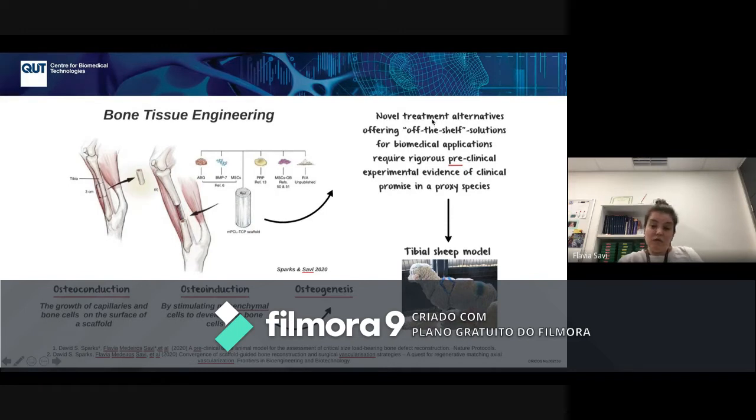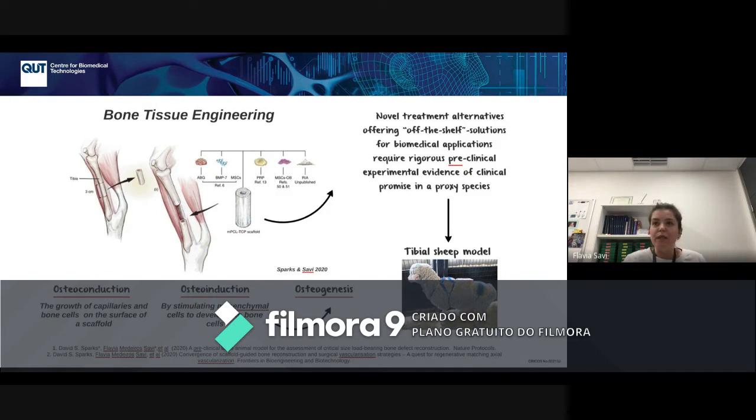However, novel treatment alternatives, offering off-the-shelf solutions for biomedical applications, require rigorous preclinical and experimental evidence of clinical promise in a proxy species. Our proxy species is the sheep model. And why we use this model is because they are very similar to human conditions.